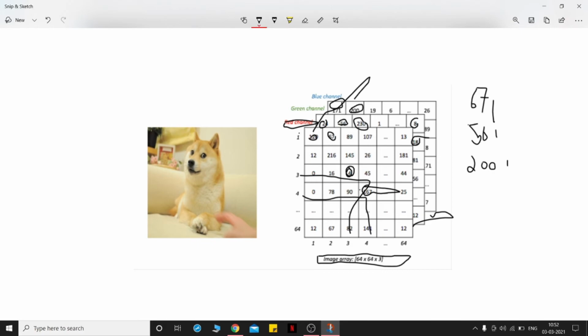Based on its experience, that is, the examples you have given saying that this image is a dog and this image is not a dog, the computer finds out whether the particular image is a dog or not.